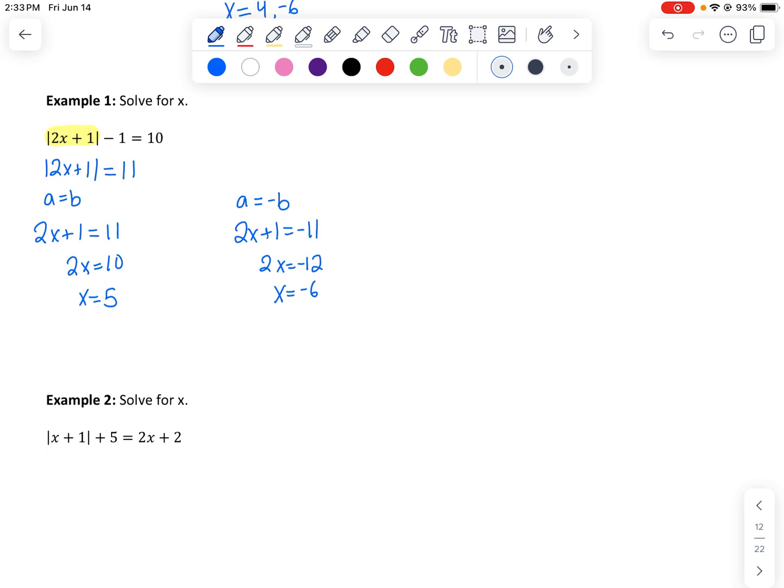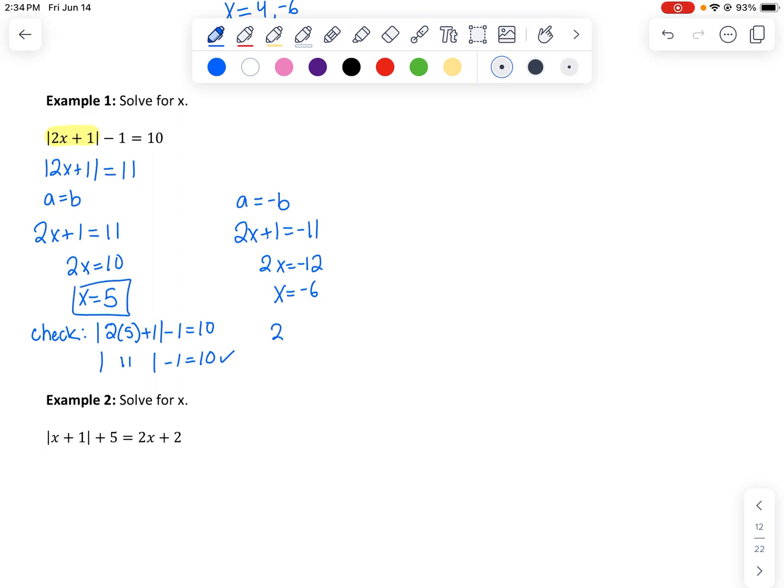The important thing is that we have to check both of these solutions because sometimes both will come out true and sometimes neither will, and sometimes only one will. So we want to check in the original. So we would have 2 times 5 plus 1, all in absolute value, minus 1 equals 10. This is the absolute value of 11 minus 1 equals 10. So this solution works.